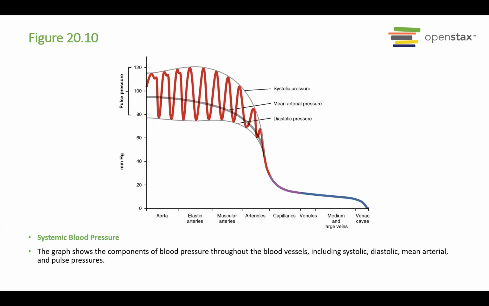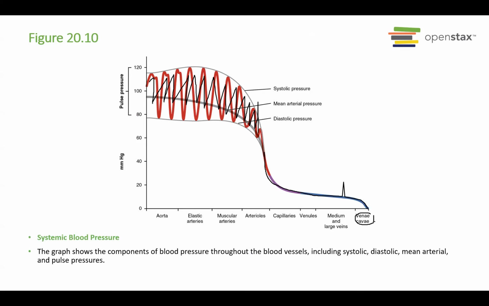Okay, so this is what we measure. The higher pressures are mostly in the aorta and arteries, and then it goes down until close to zero in the vena cava.